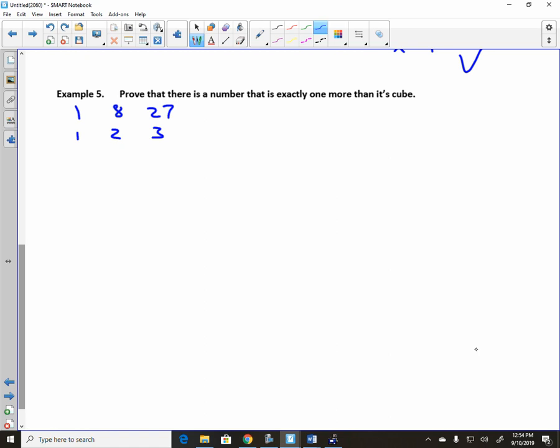Prove that there is a number x that is 1 more than its cube. There is a number that is 1 more than its cube. Everybody agree with the statement here? So if I could solve that, then I found the number, haven't I?